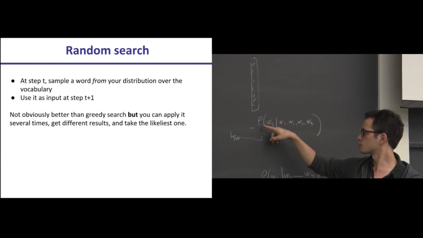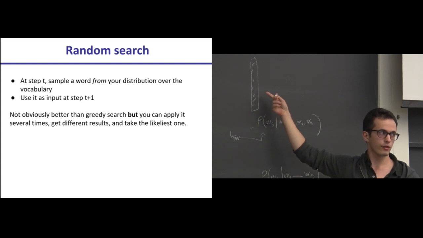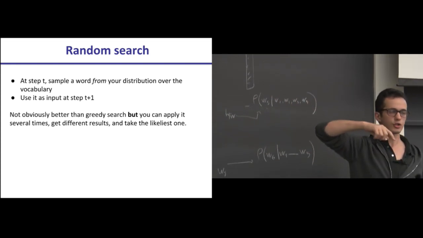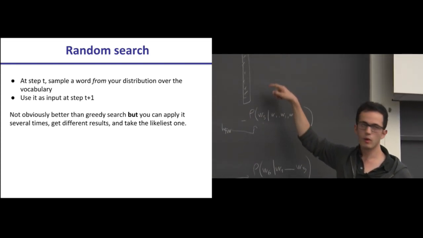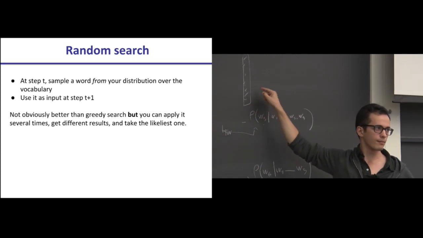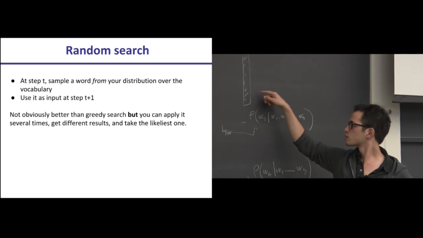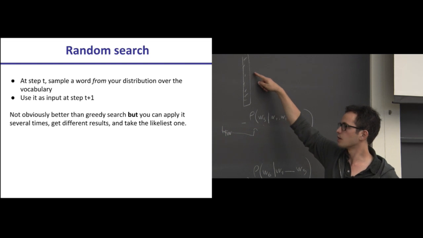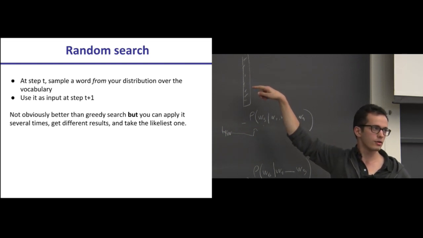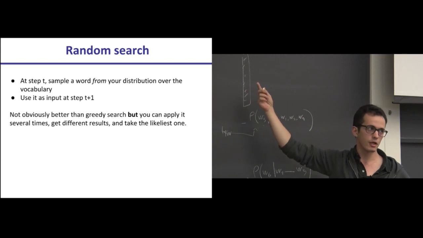So here I took the one with the highest probability. But in random search, I just sample words from this probability distribution. So yeah, the argmax is going to be the most likely to be selected, but it's not the only possibility.